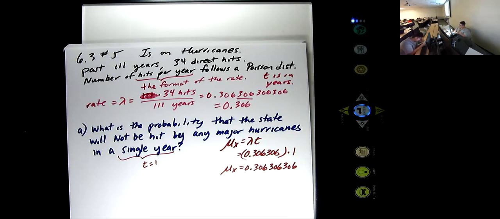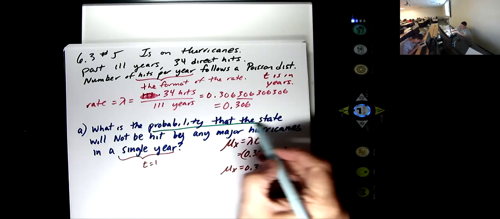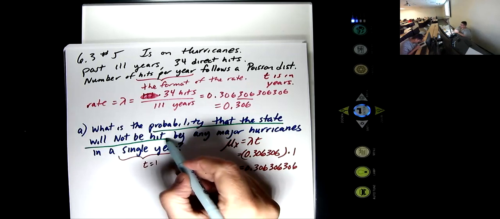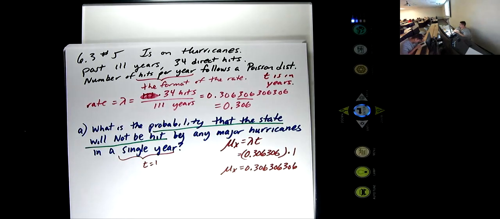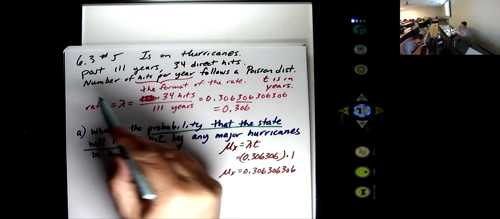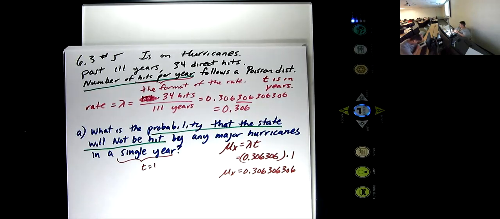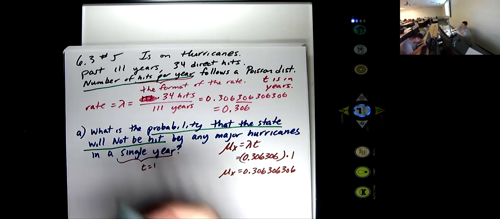What does it mean that the state will not be hit? If we're measuring the number of hits per year, what does not hit mean? How many hits is that? 0.